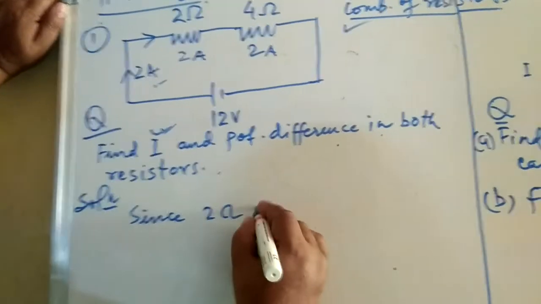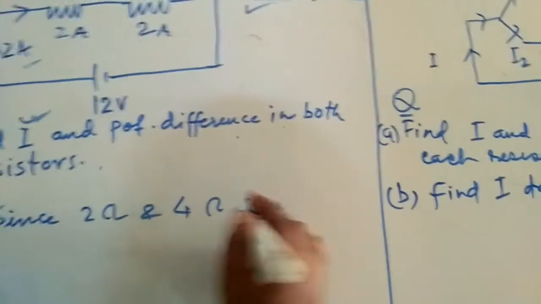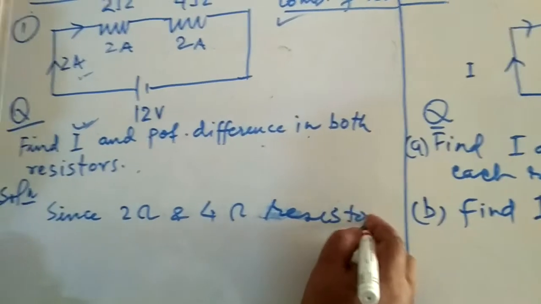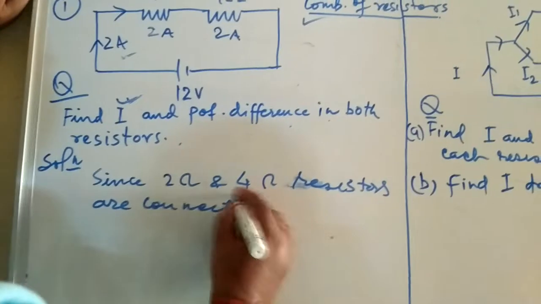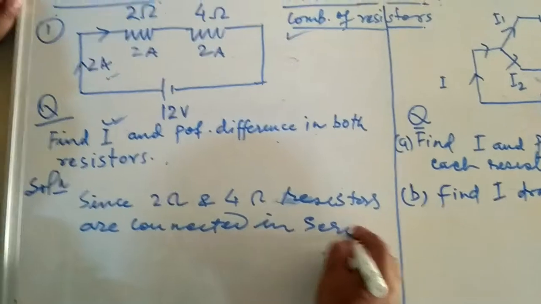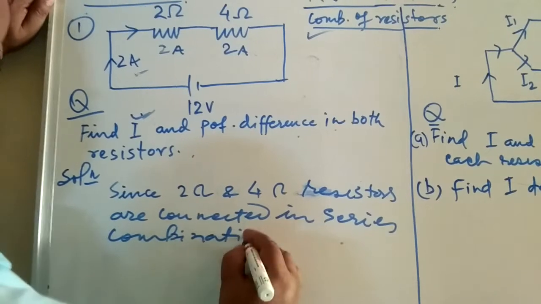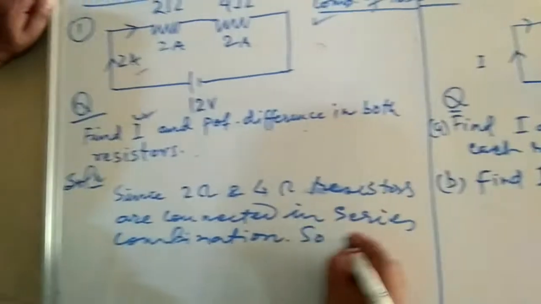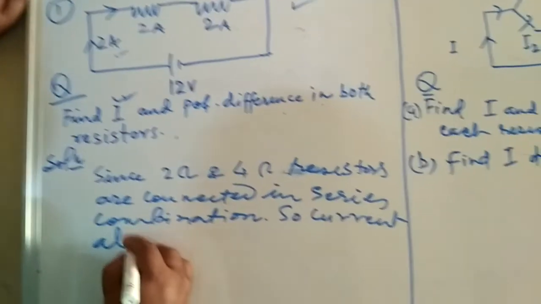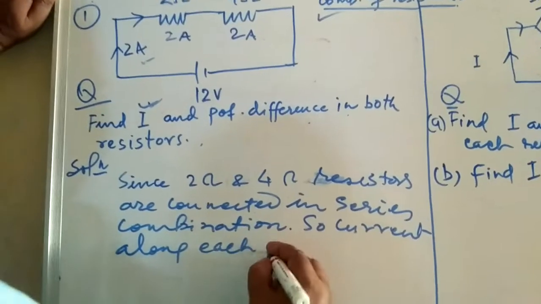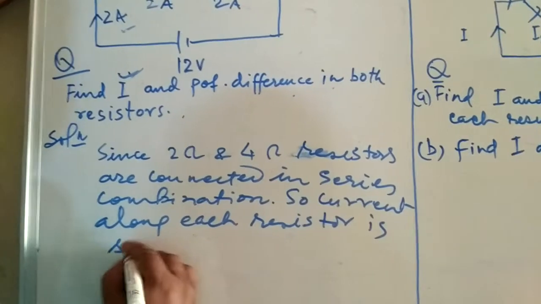Since the 2 ohm and 4 ohm resistors are connected in series combination, the current along each resistor is the same.